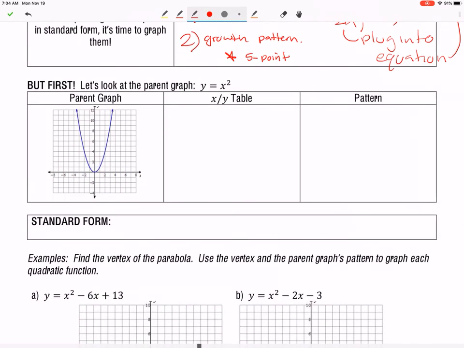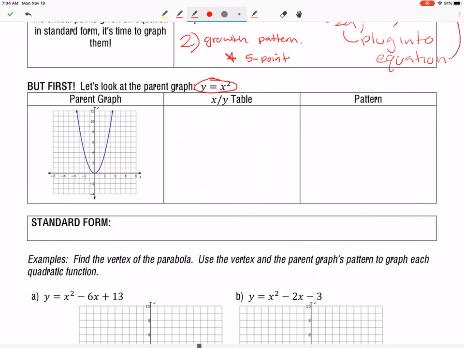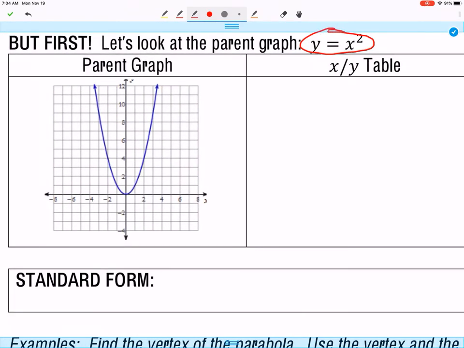All right, but first, let's look at the parent graph of a quadratic, y equals x squared. This is the most basic quadratic you could ever have, and this is what it looks like. If we were to make a table for x and y, where x goes from 3, then 2, then 1, then 0, negative 1, negative 2, negative 3, we could come up with the y values just by looking at our graph.